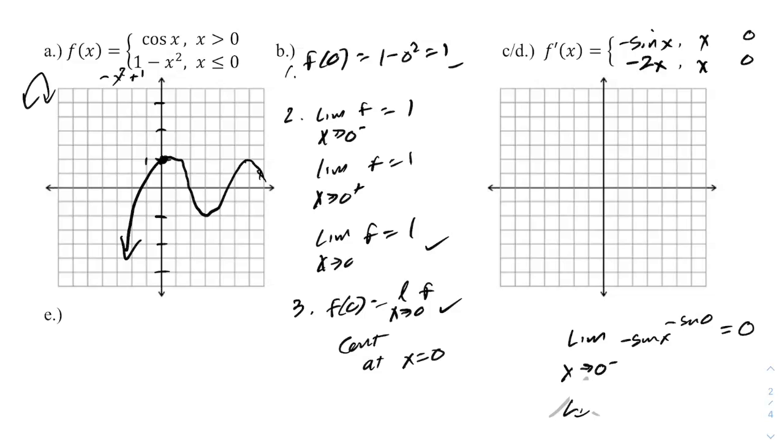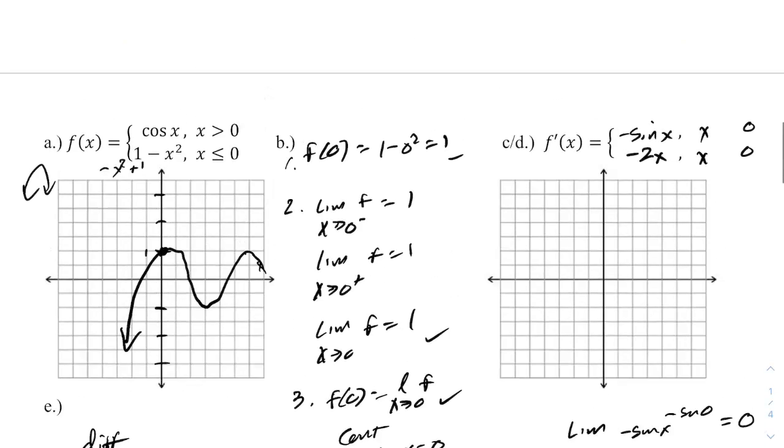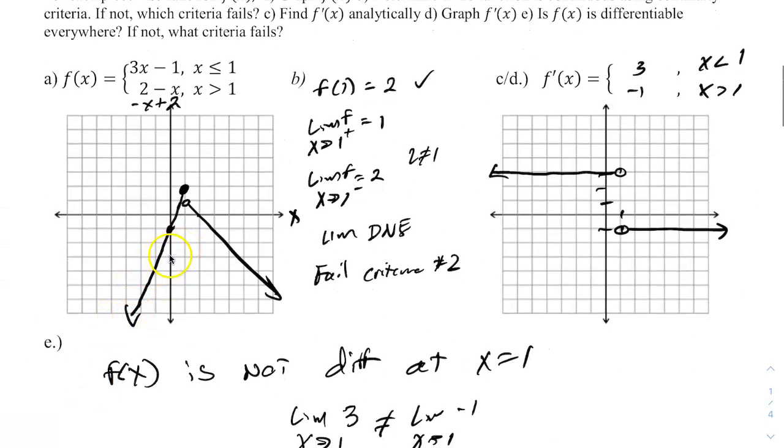I need the limit as x approaches 0 from the right, which gets me negative 2 times 0, which is 0 also. So it does check. So it is differentiable everywhere. Remember, most things are differentiable. It's just not differentiable at that certain spot. Like this is differentiable here, here, and here. It's just not at this one spot.